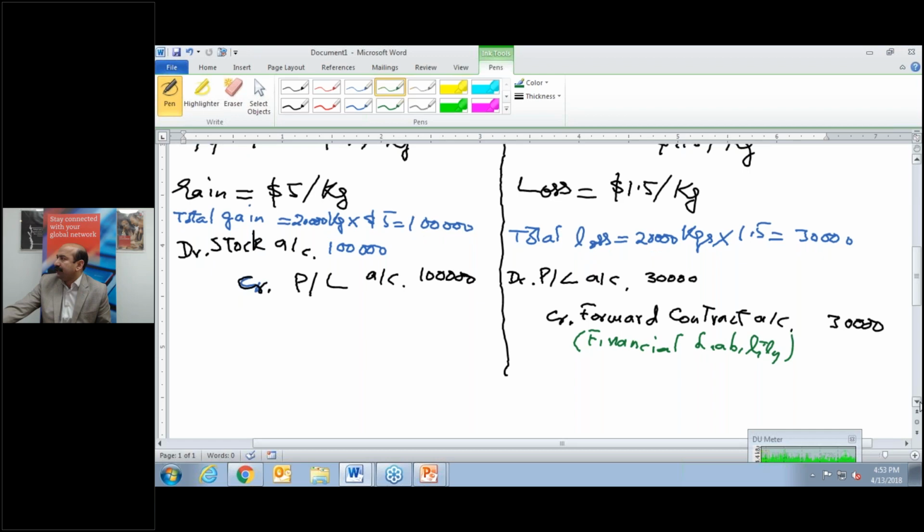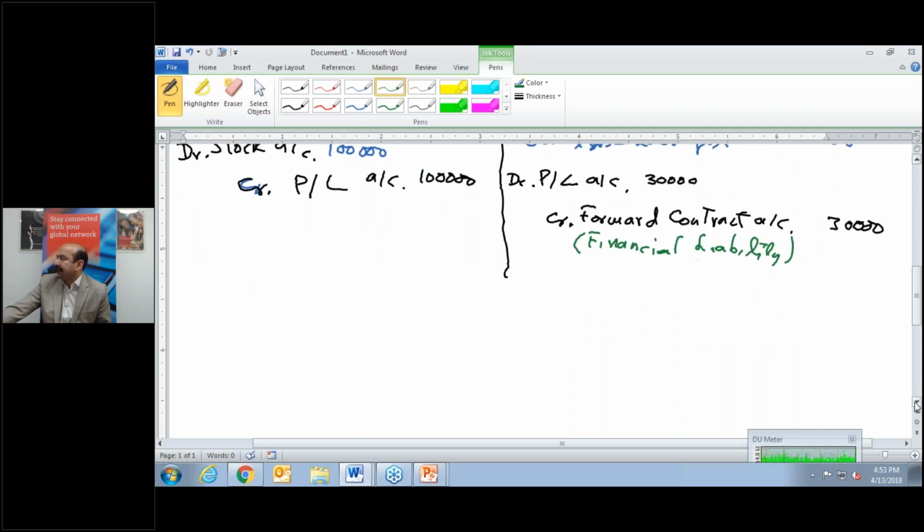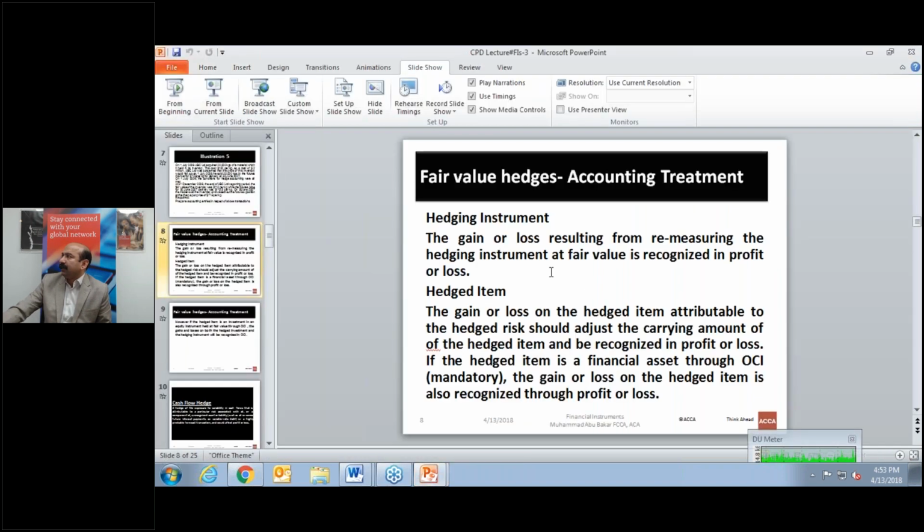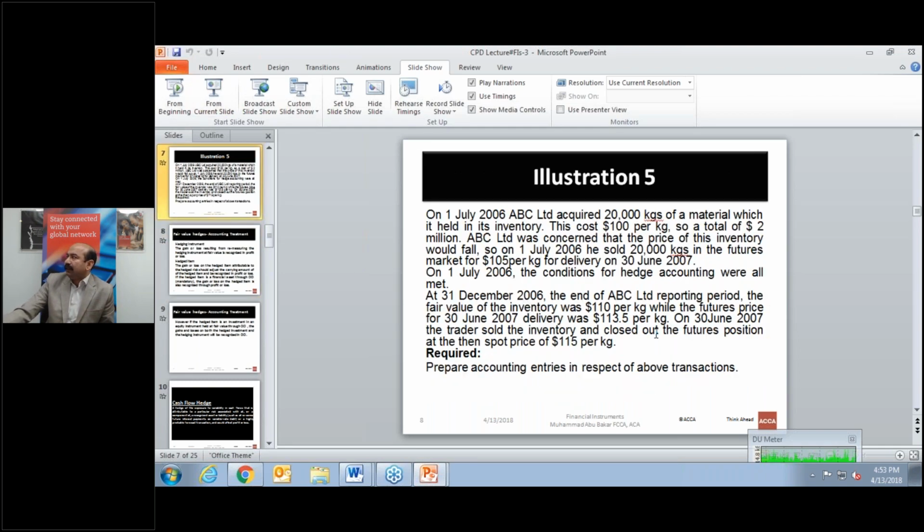Okay, so far is the treatment in accordance with this material. Now let's discuss how we can close this assignment, because it is mentioned in the question that this stock was sold on 30th June 2007 and we closed our future position on the same date as well.